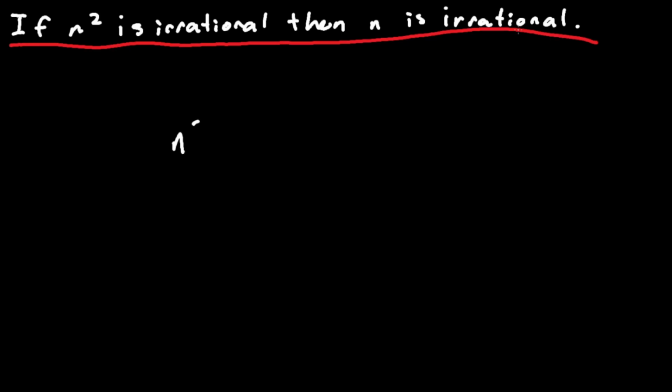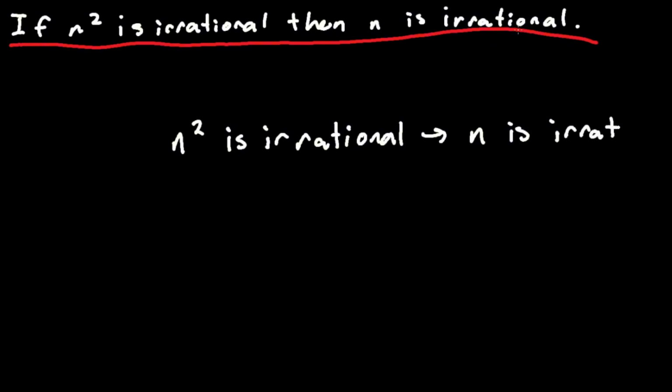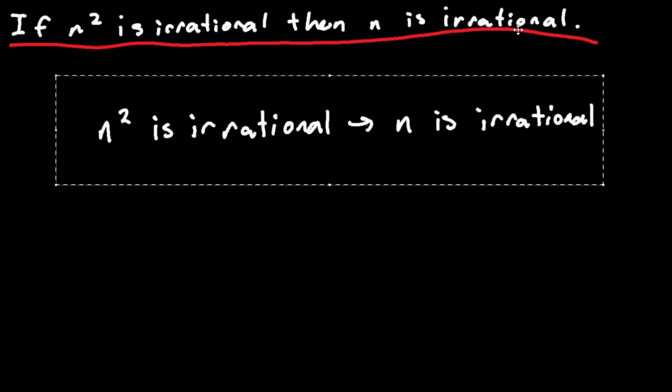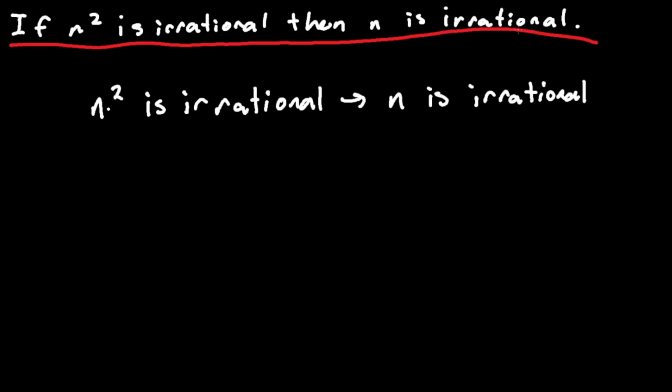The statement is: n squared is irrational, and the condition is n is irrational. This is not centered, but this right here is our statement in conditional form. So if n squared is irrational, then n is also irrational. What's the contrapositive of this?